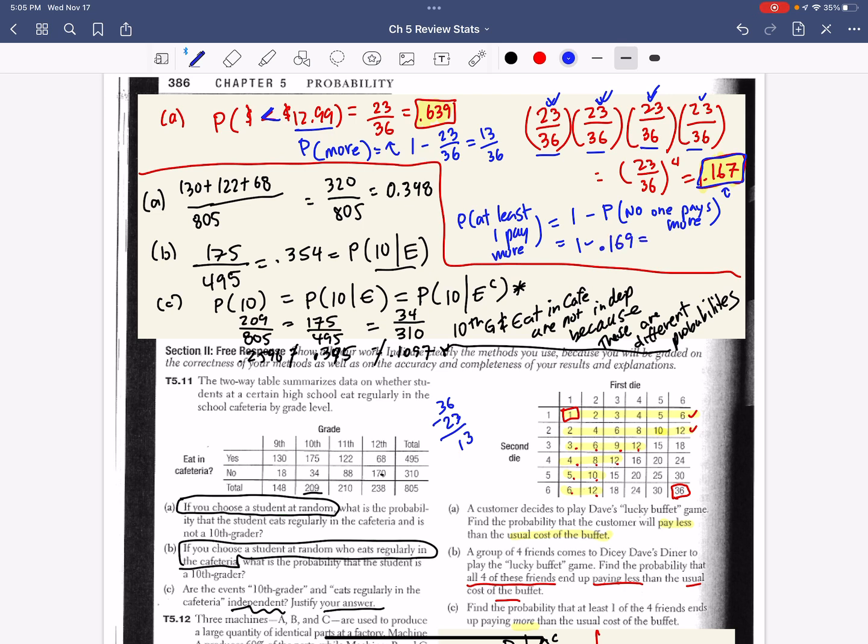So what's the chances at least one pays more? 1 minus this number. All right, that would be 0.833. So there's actually a really good chance that at least one person, could be more, could be 2, could be 3, could be 4 people pay more. There's a good chance at least one person pays more.